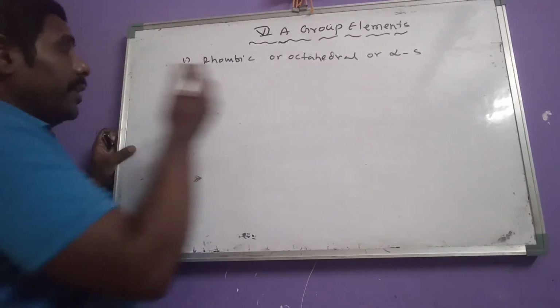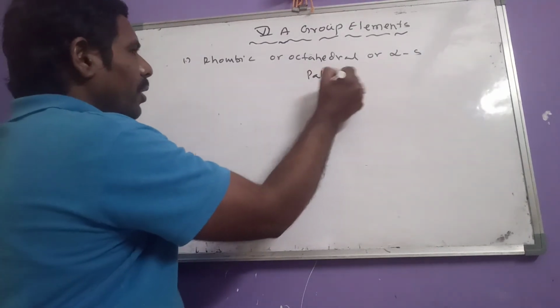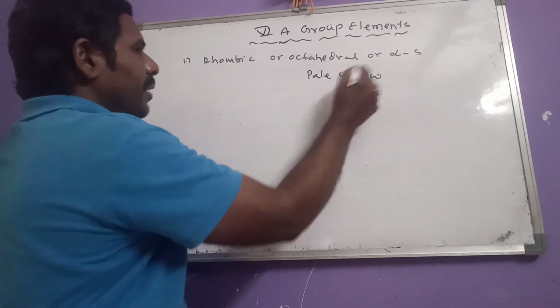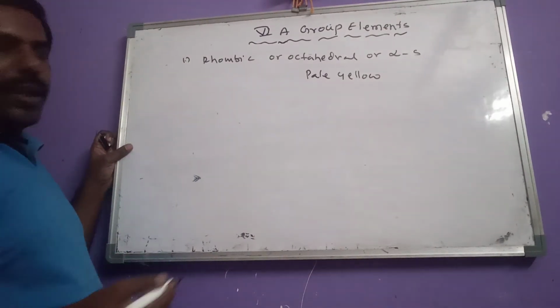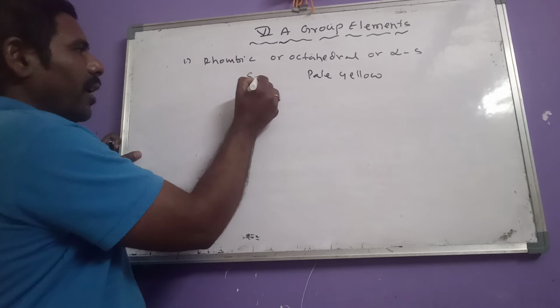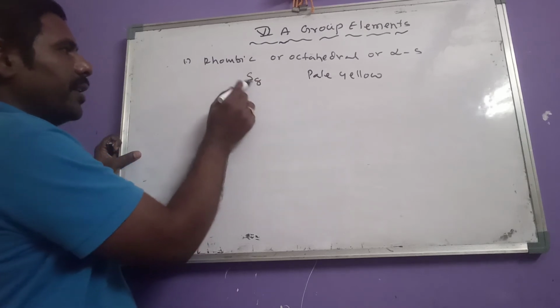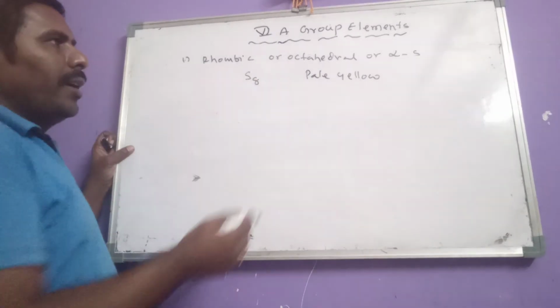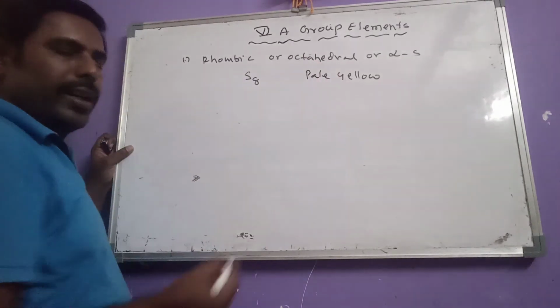Now this has pale yellow color, and it has octahedral shape with S8 molecular formula. So that's why it is known as octahedral sulfur.